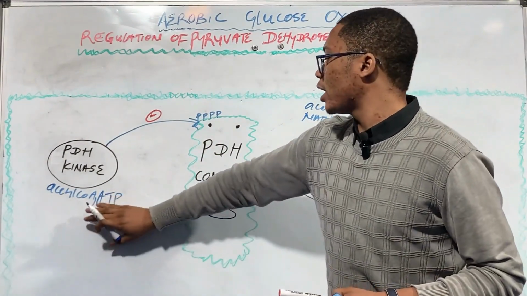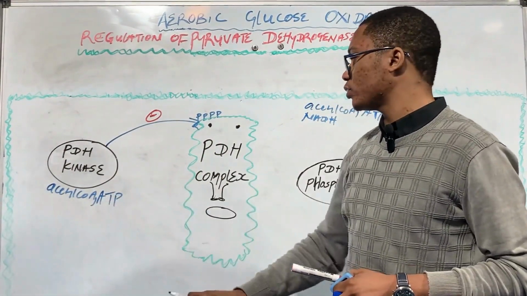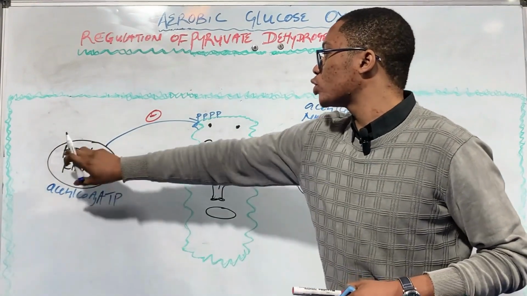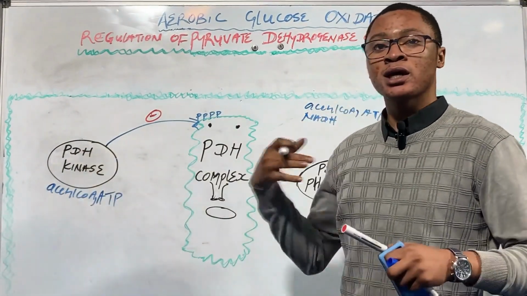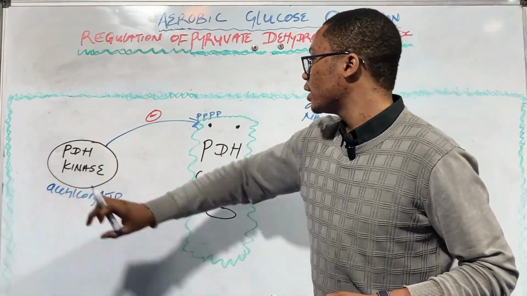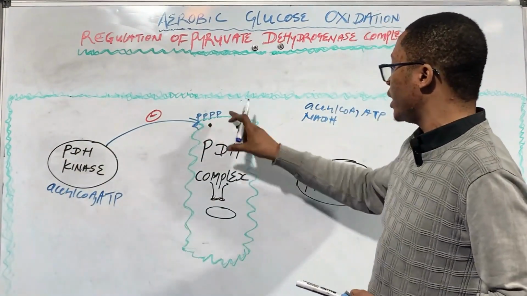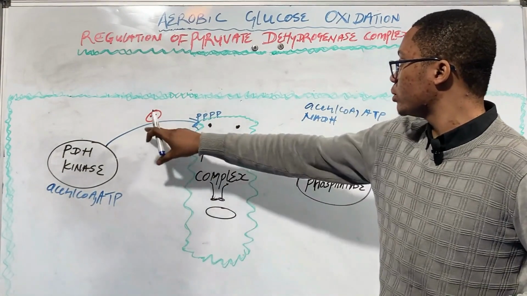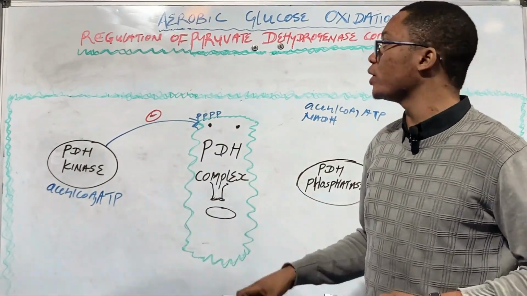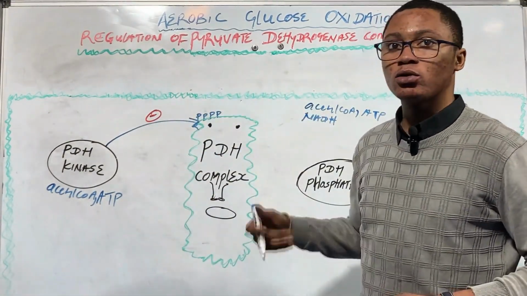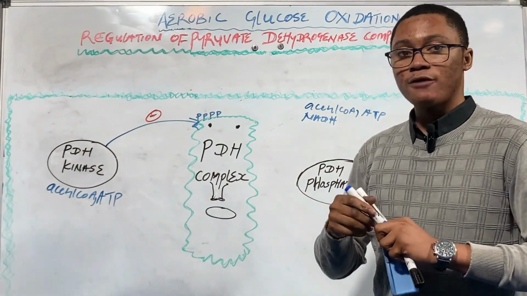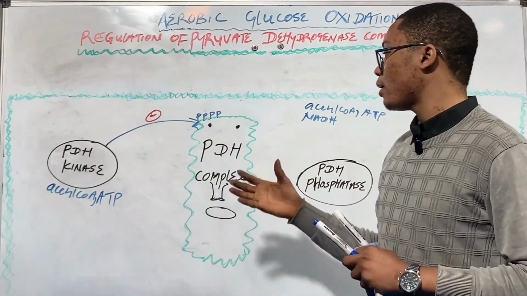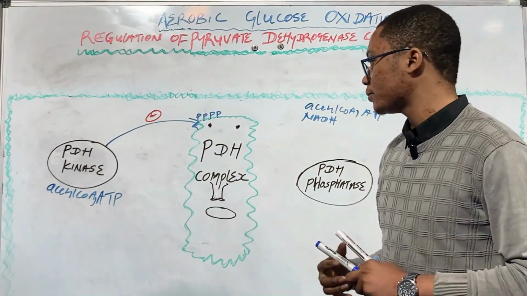So when there is a lot of ATP in the body, this ATP will come and stimulate this pyruvate dehydrogenase kinase. Once this kinase is stimulated, it phosphorylates this complex, thereby inactivating it, which means it inhibits this complex from carrying out aerobic glucose oxidation, and the level of ATP will be maintained.